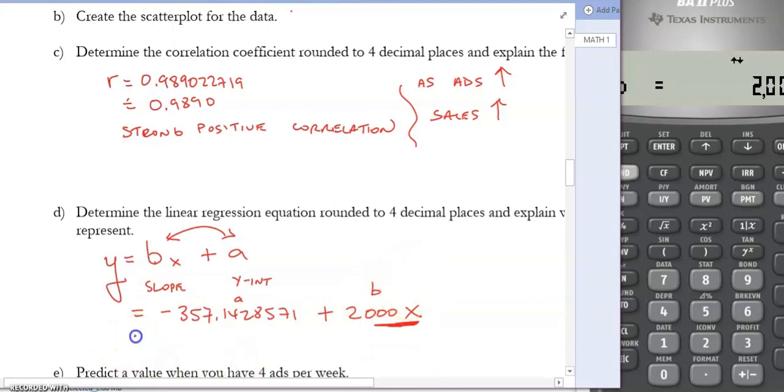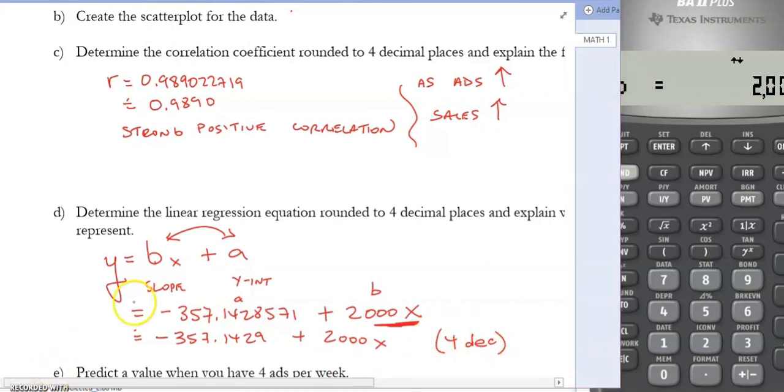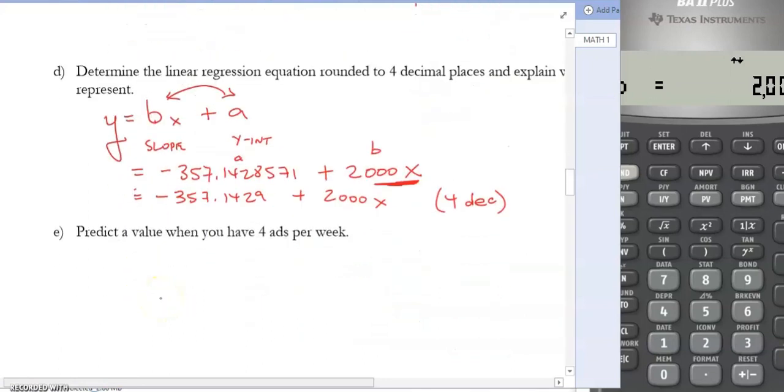Next, I'm going to round, and this is minus 357.1429 plus 2000x, and that's 4 decimal places, as was mentioned, right? Round to 4 decimal places. Next, what we're going to do is predict a value when you have 4 ads. In other words, let's put in x equal to 4 and see what y becomes.